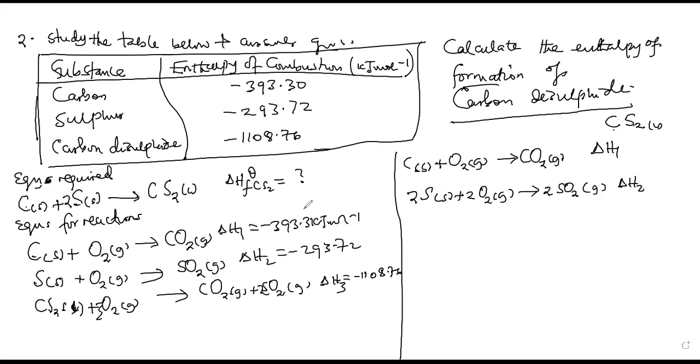Equation 3, we have carbon disulfide, 1 mole. On the left-hand side, interchange the equations. If you interchange equation 3, we shall have carbon dioxide gas plus 2 sulfur dioxide gas molecules to give you carbon disulfide liquid and 3 molecules of oxygen gas, which gives us the enthalpy.